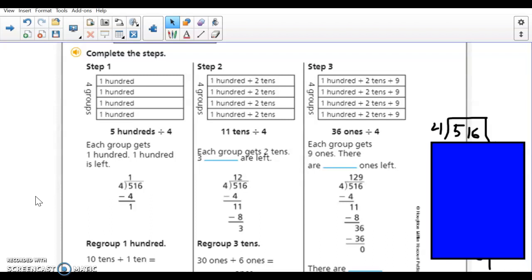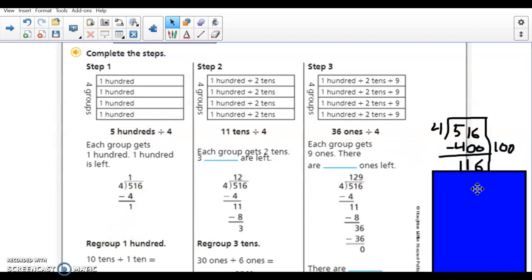All right, so each group is going to get 100, right? If we look up here, we have our 500. That would be 400, right? 1, 2, 3, 400. We don't have enough to give them 200. So in our method, we would say 100 fours and take away 400 apples.